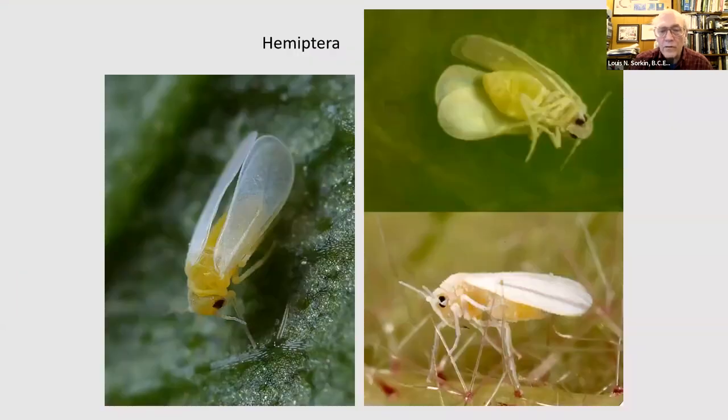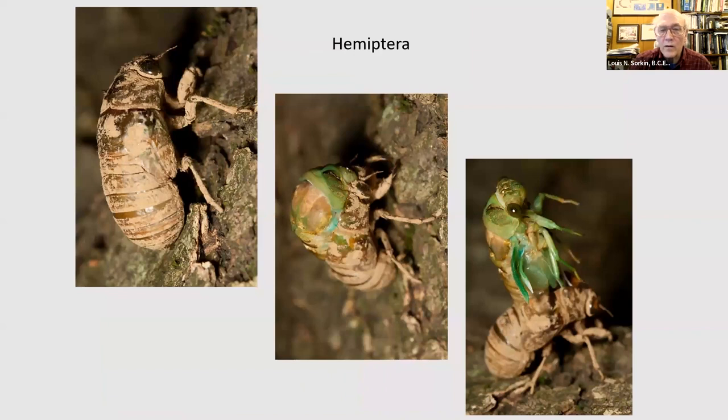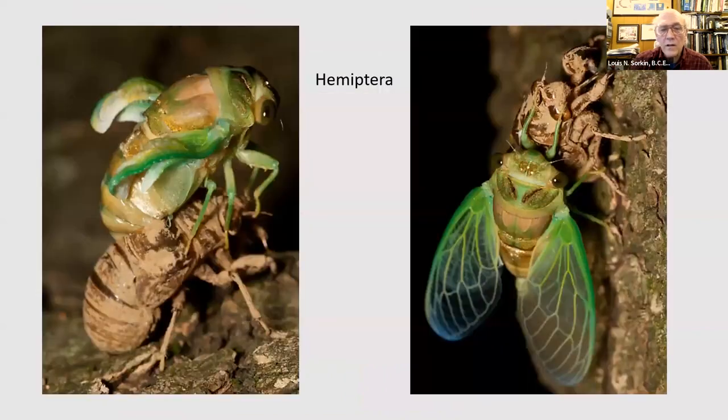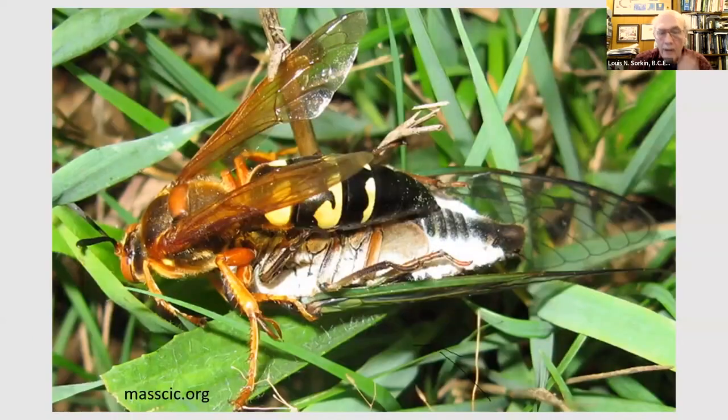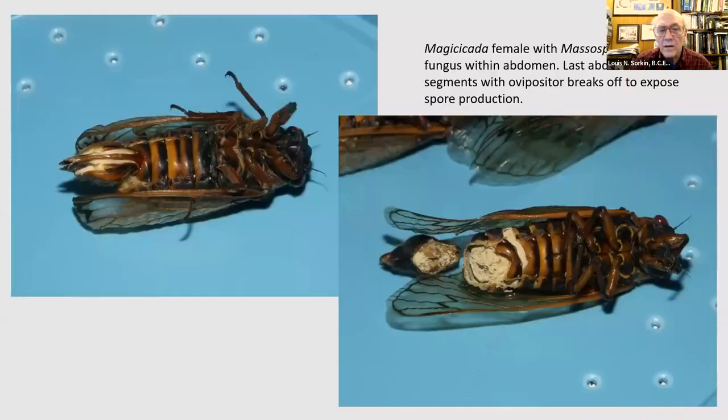And white flies, these are more true bugs. And a cicada, which is molting, the nymph is molting, giving rise to an adult. And one of those adults caught by this cicada killer wasp. And this is a male cicada, so it might be possible that that wasp was cueing in on the sound that male produces to attract females.